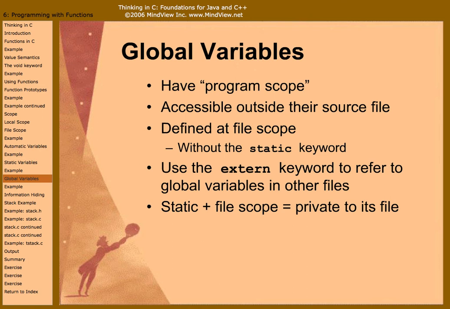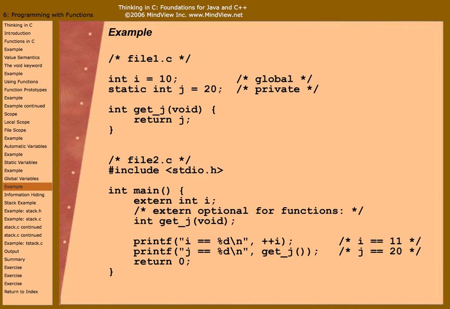Now the next question is, how do I actually access that global variable from another file? And the way you do that is with the extern keyword, which you'll see in the next slide. This example consists of 2 files, file1.c and file2.c. In file1, there are 2 variables declared at file scope.